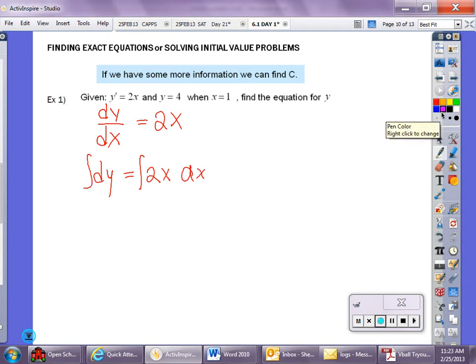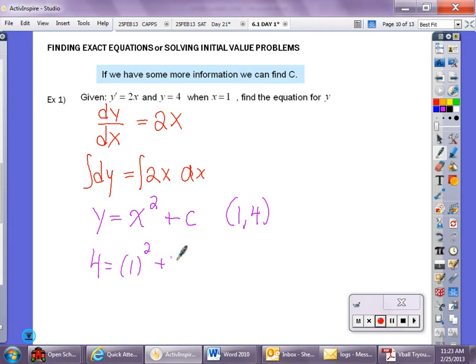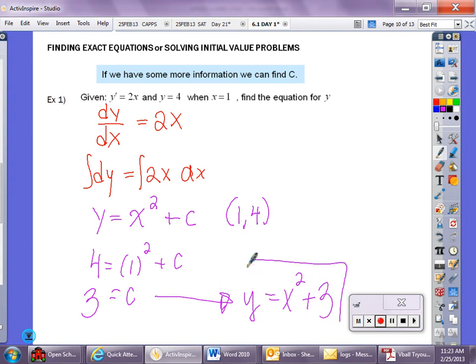So what do we get? Y equals 2x's antiderivative is? X squared, and then what do I need in the end? Plus c, and then the point we're going to use is (1, 4). 4 is equal to 1 squared plus c, so c is equal to 3. So my final answer is y equals x squared plus 3.